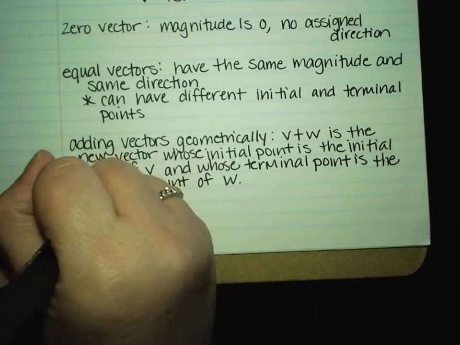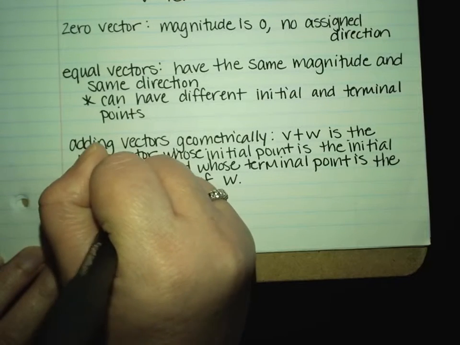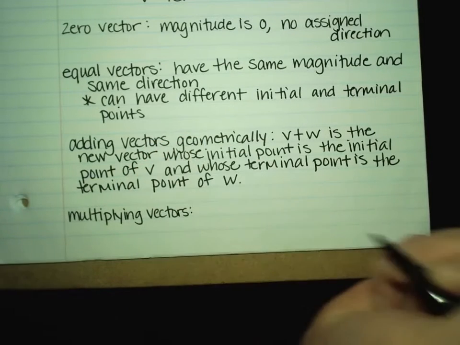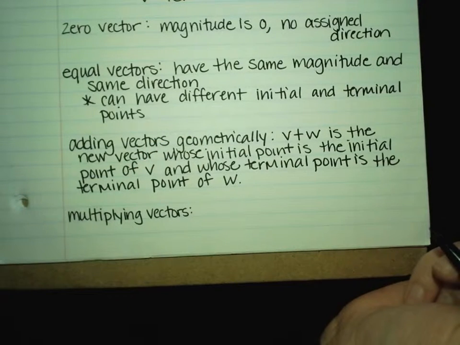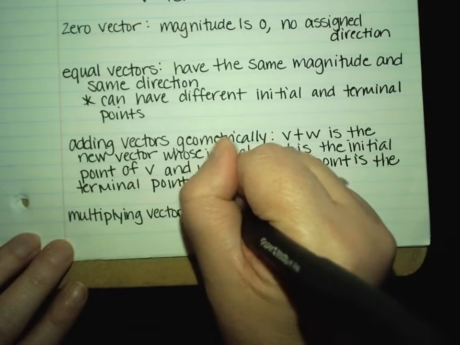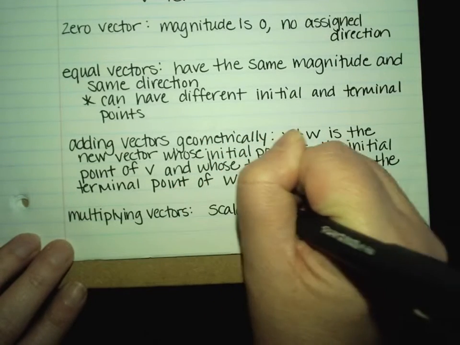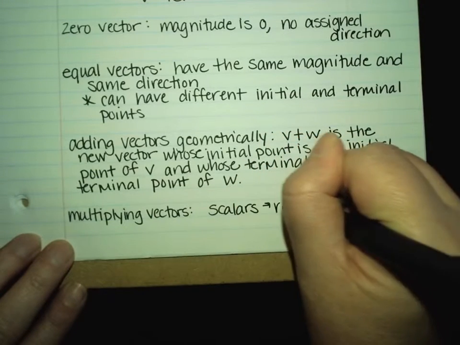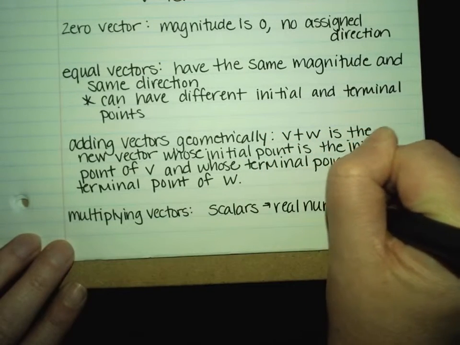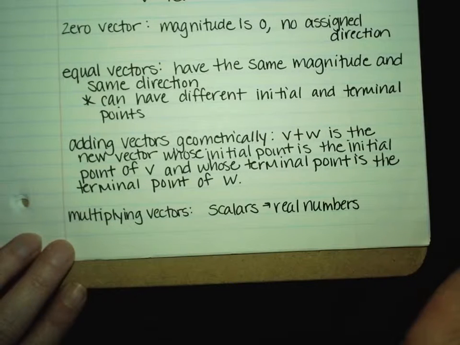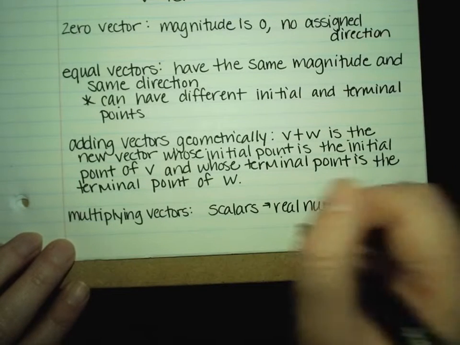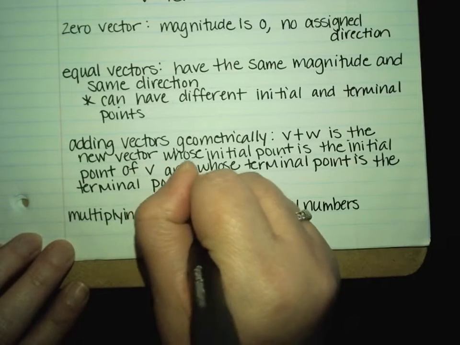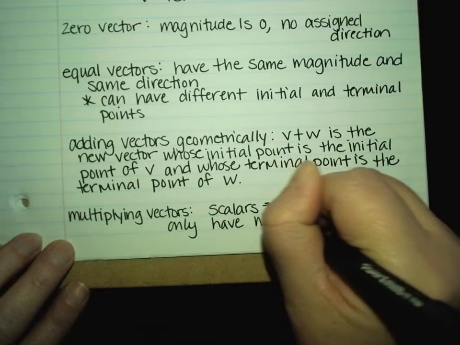And then we have multiplying vectors. And we multiply vectors with what are called scalars. And those are just real numbers, and they only have magnitude.